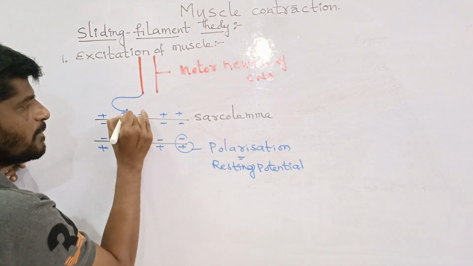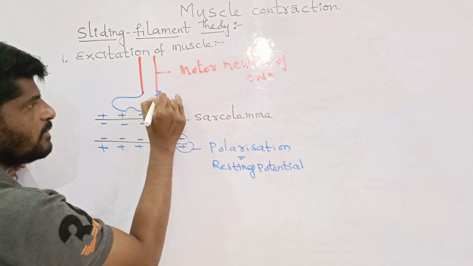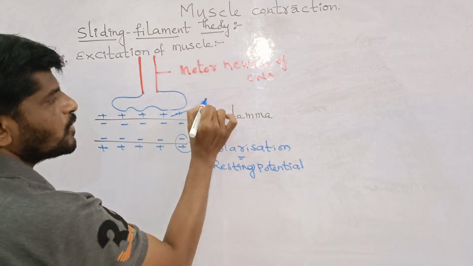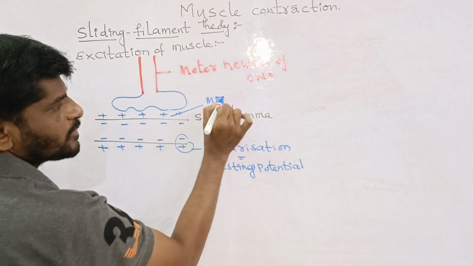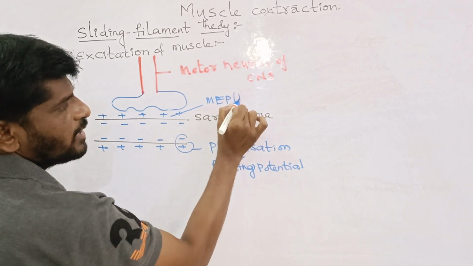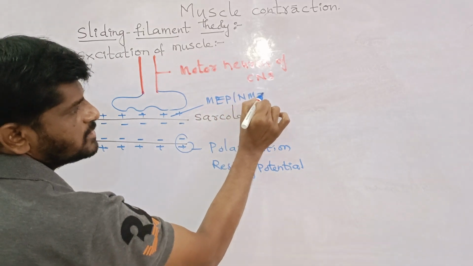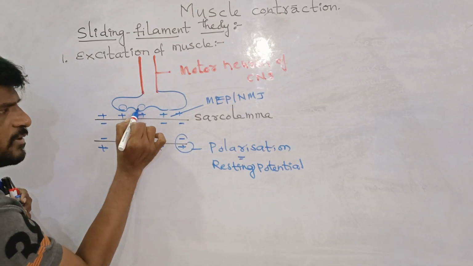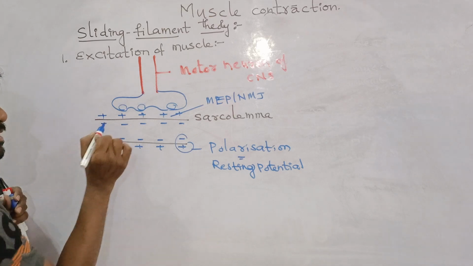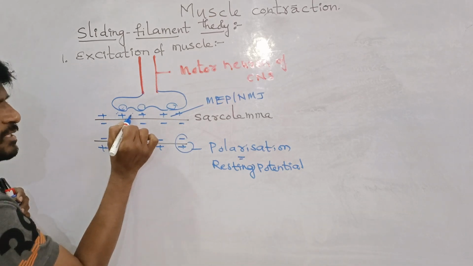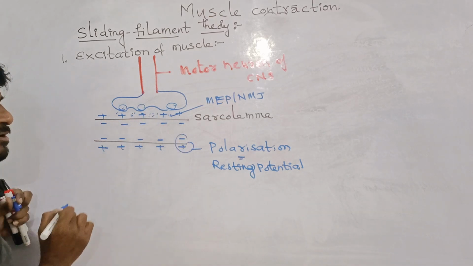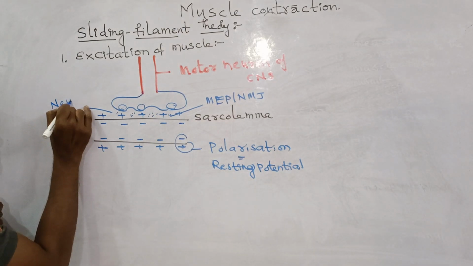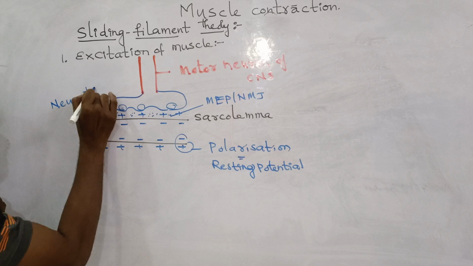This is the synaptic bouton, many boutons are present, and this is called the motor end plate. The motor end plate can be called the neuromuscular junction. Neurotransmitters are released from the synaptic vesicles. I write here: these chemicals are called neurotransmitters.